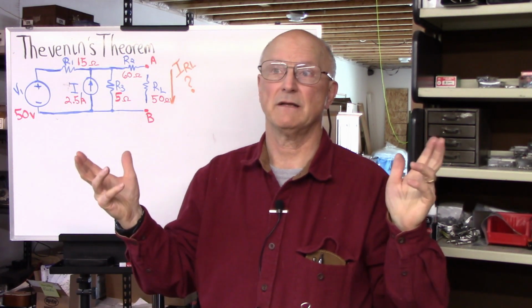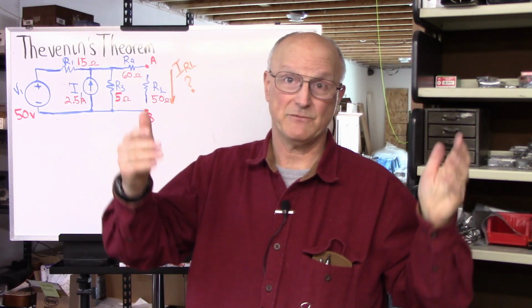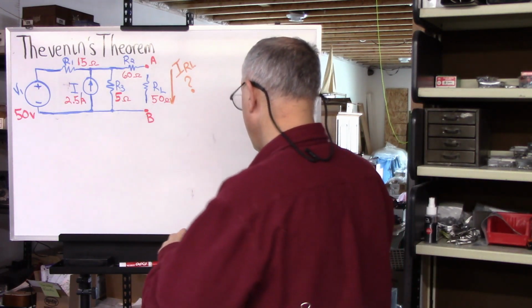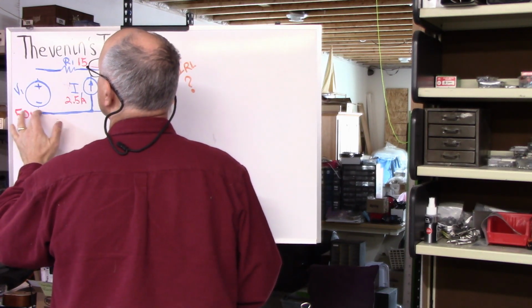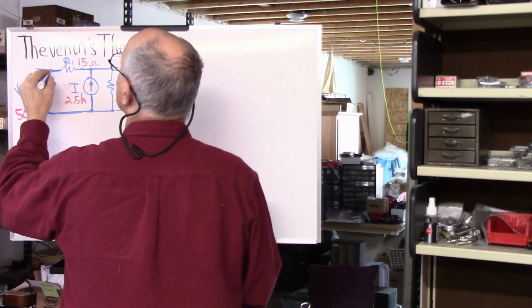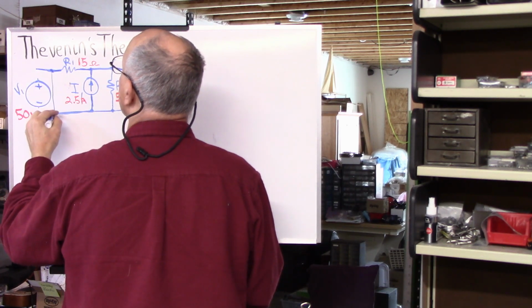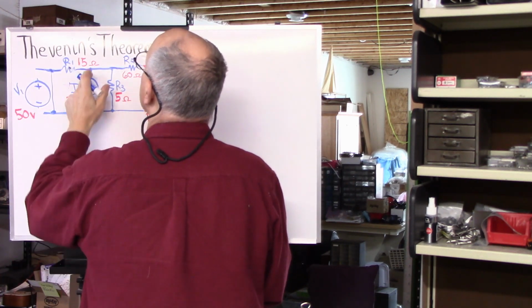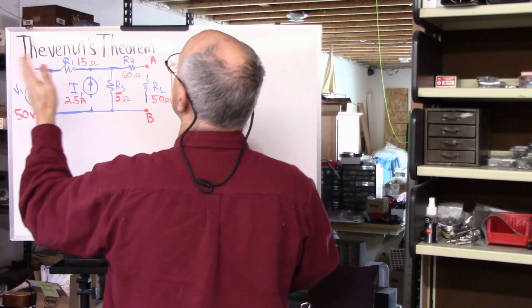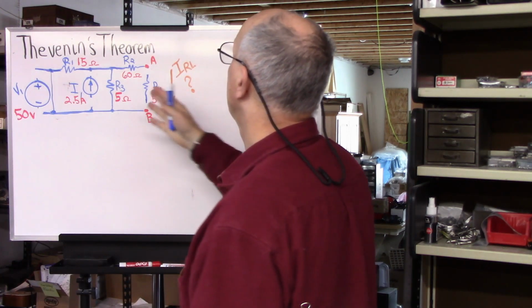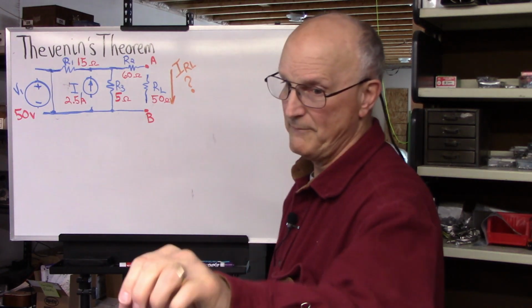Now, this doesn't make a lot of sense to us, but this is what Thevenin's theorem says. So we're going to come over here. We're going to disconnect our voltage source, and we're going to place a short in here instead. We're going to disconnect the current source, so there's no way that this current source can contribute anything. And this is what we're left with.